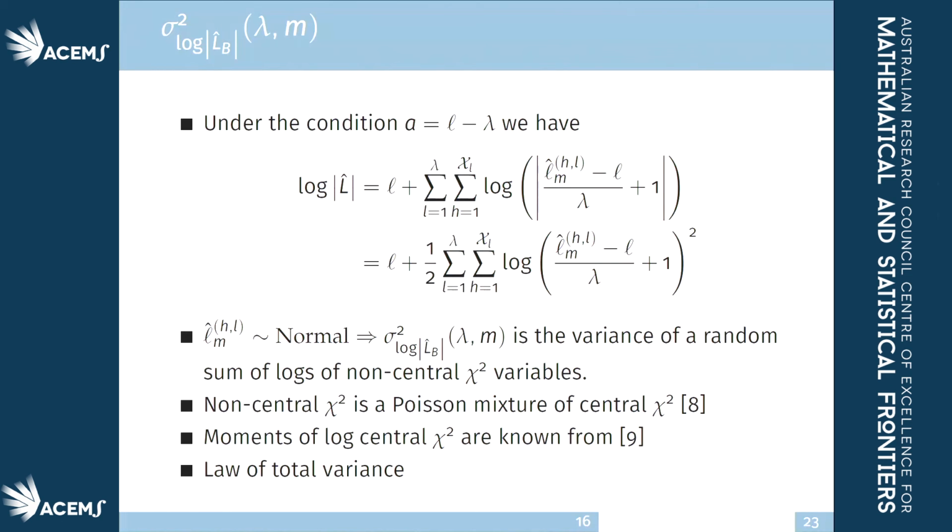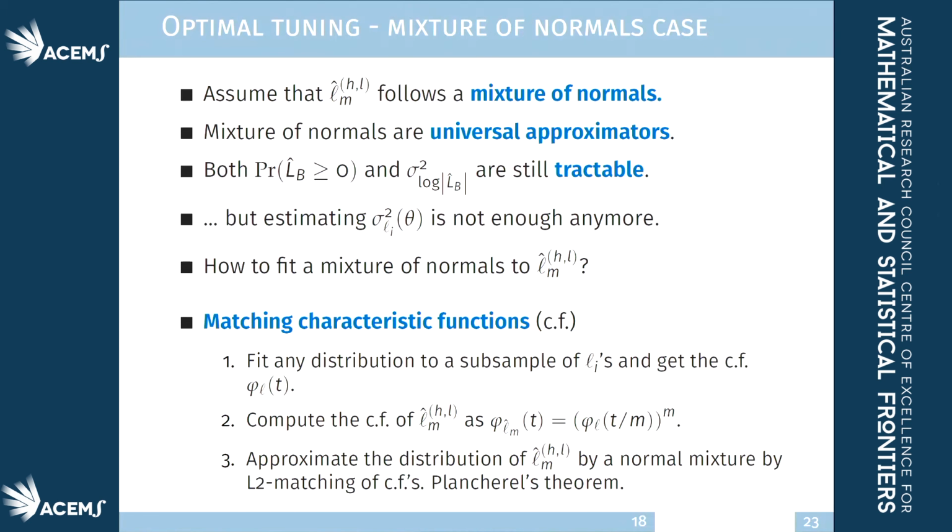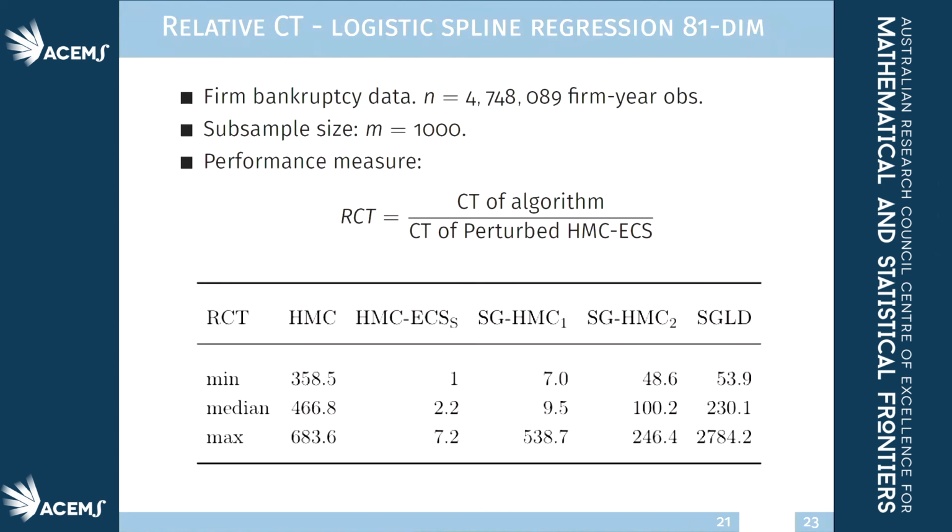Non-central chi-squareds are Poisson mixtures, etc. So basically what I'm saying is that we can tune the selection of the number of subblocks and the subsample size in such a way that we get optimal results for this situation. And so I'll skip all that.